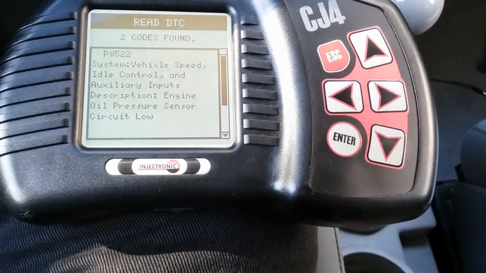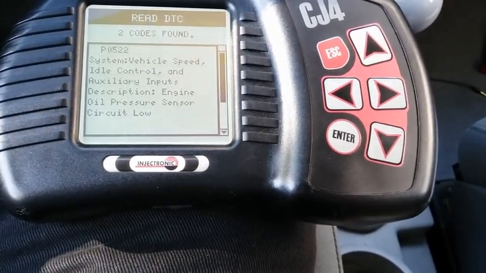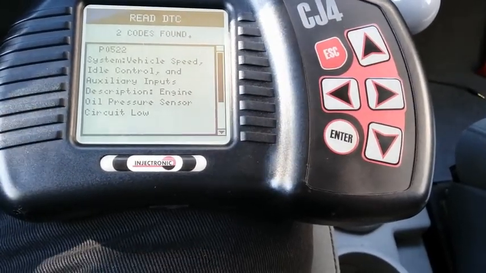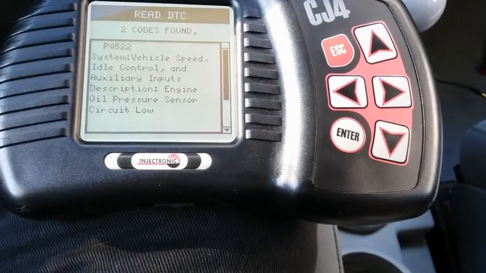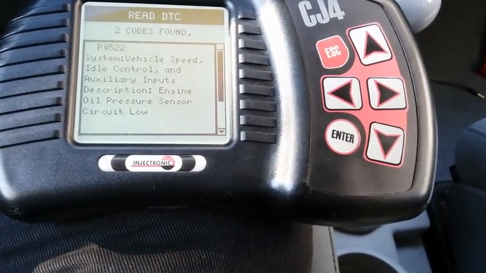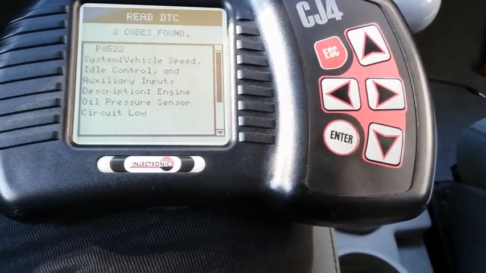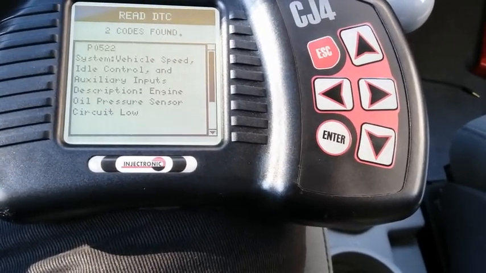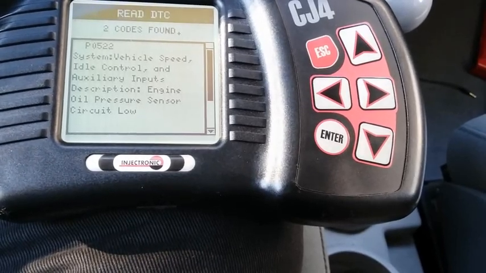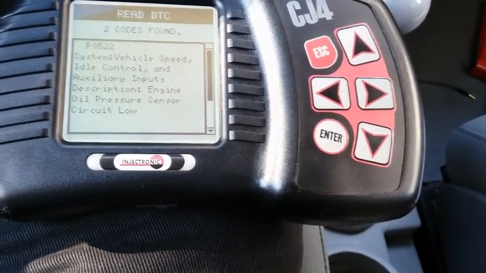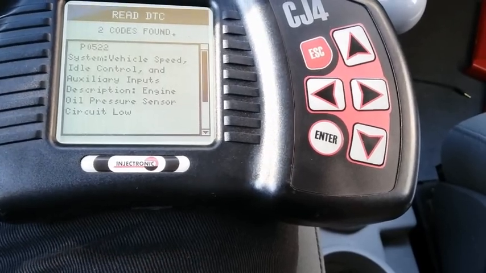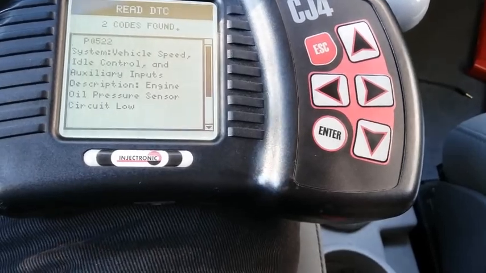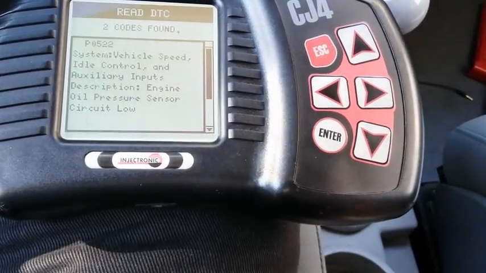This vehicle has an intermittent oil warning light that sometimes comes on during the initial cold startup, or comes on after a long drive of 30 minutes or so, but during a second key cycle. In other words, if you go from point A to point B, the light remains off, but after you shut down and come back and turn the vehicle on, the light turns on and stays on during the drive cycle until you turn it off, and maybe on the third or fourth cycle it turns off.